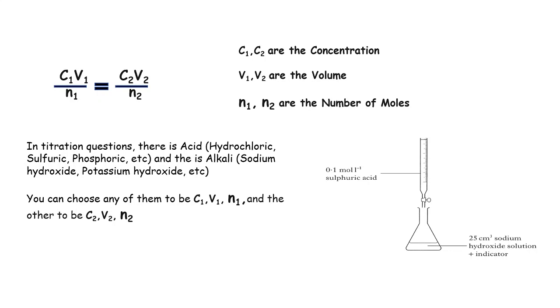So C is the concentration, V is the volume, N is the number of moles. This is our solution number 1, the acid, and our solution number 2 is the sodium hydroxide. Let's see the first question.